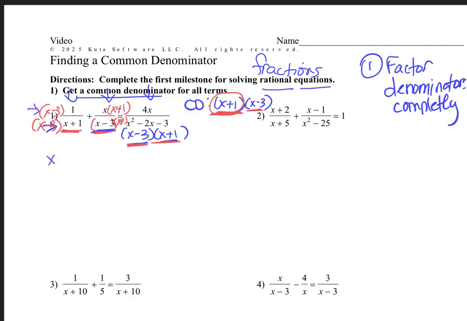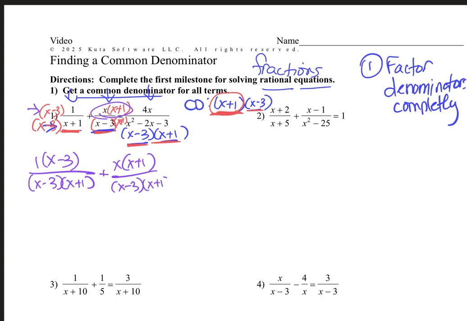I have x minus 3 times 1 on the top, and I have x minus 3 times x plus 1 on the bottom. This one, I have x times x plus 1 on the top, and I have x minus 3 times x plus 1 on the bottom. And then this one doesn't change.